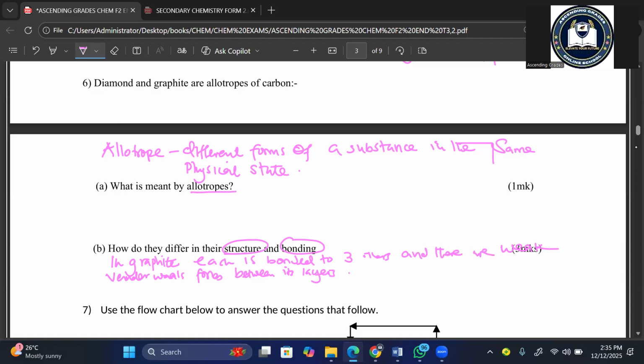Then in diamond, all the four carbons are covalently bonded, making a rigid mass.